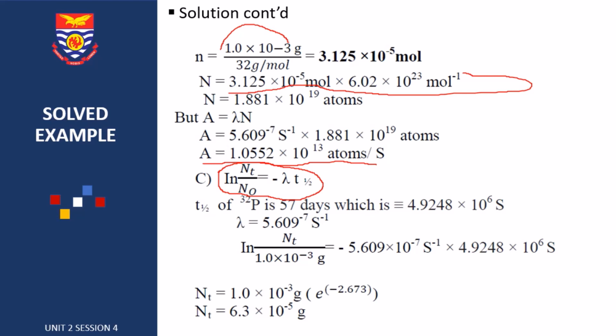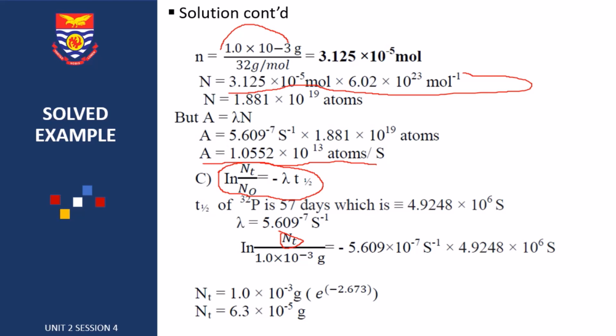So we can now substitute everything into the equation, and we are going to have ln Nt, the Nt which we are looking for, over the initial amount, which is 1 times 10 to the power negative 3 gram.